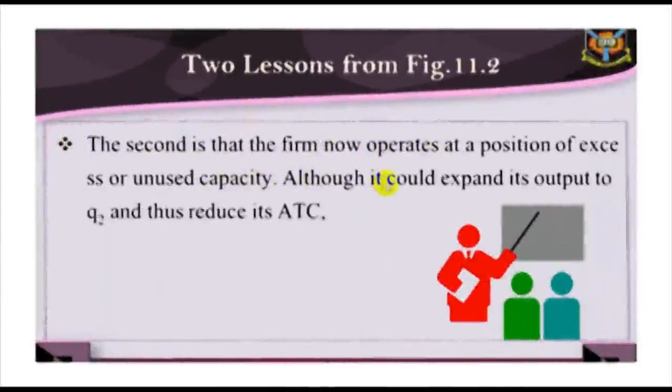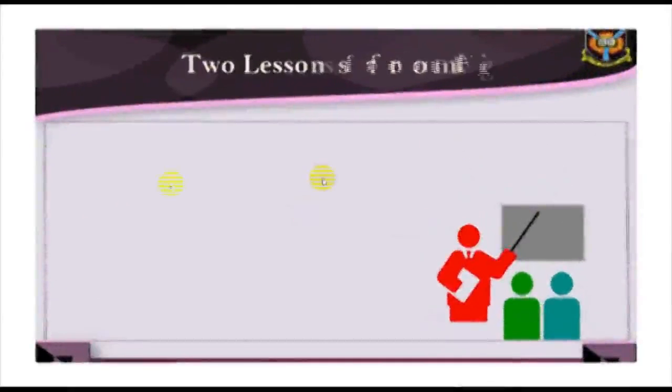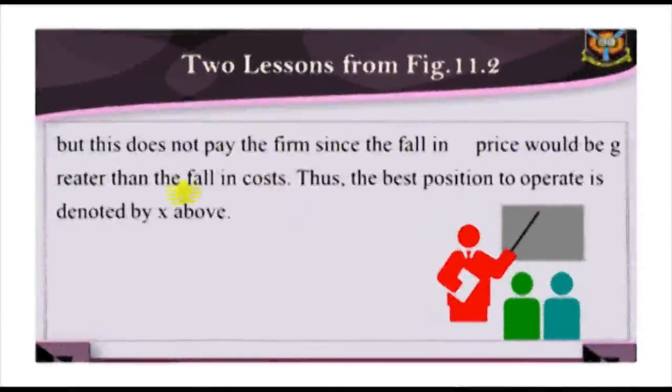Although the firm could expand its output to Q2 and thus reduce its average total cost, this does not pay the firm, since the fall in price will be greater than the fall in cost. Thus, the best position to operate is denoted by X above.